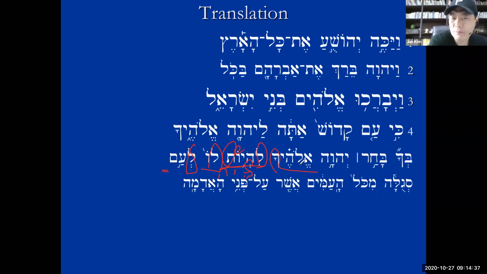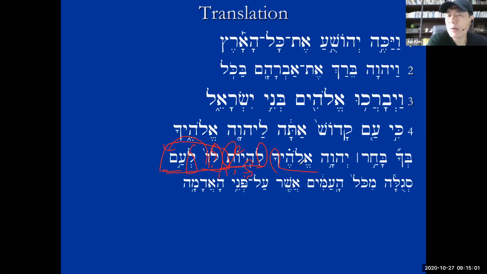I mean, for the people. So what is it? As I said, lamed has a possessive meaning. So his people. Lo, le'am, you can just stay with the literal translation saying to be for God, for people.